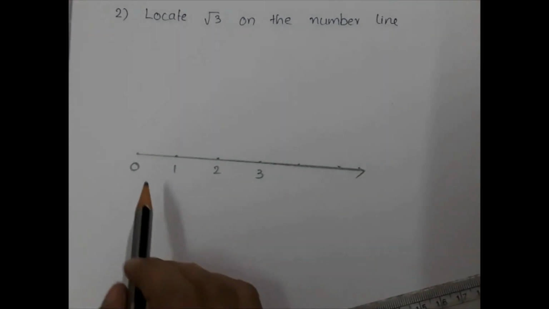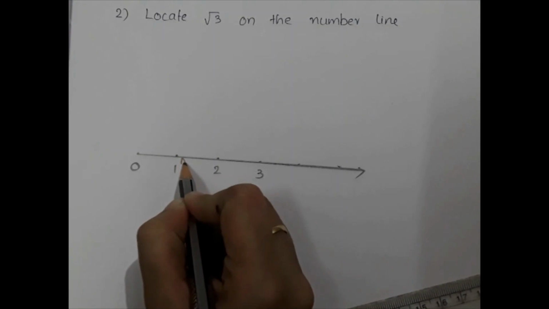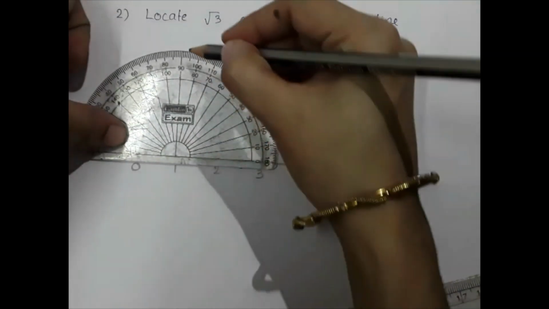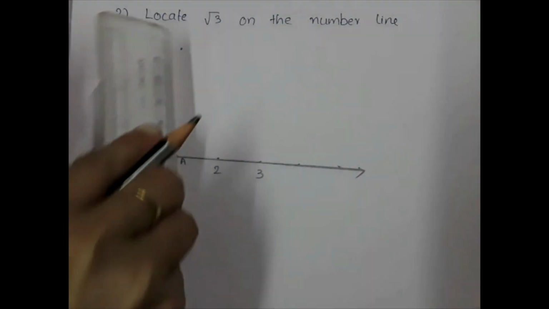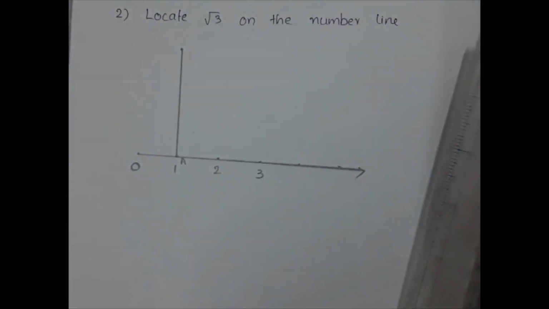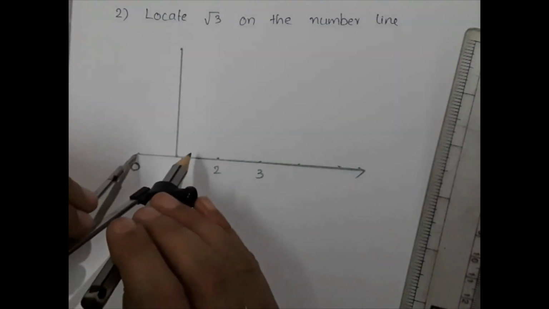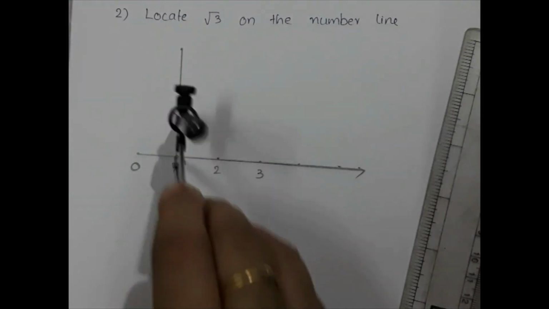Then you have to construct root 2. For that purpose, take 90 degrees from the point 1, which we call A. Take 90 degrees and join that. Then take 1 unit, that is, here this is 1 unit, and from 1 you have to cut.